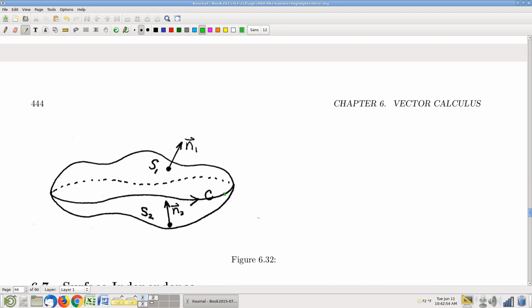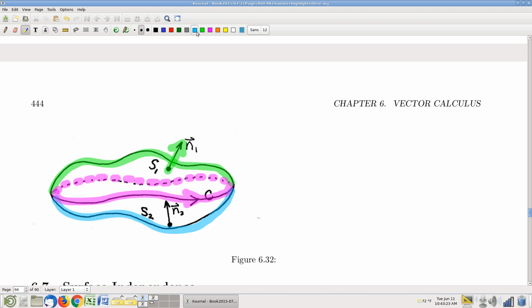Now, the picture looks different. Instead of two curves with the same boundary points, here we have two surfaces with the same boundary curve. And now we do have to be careful about orientations in the same way that the two curves have to start at the same point, end at the same point.